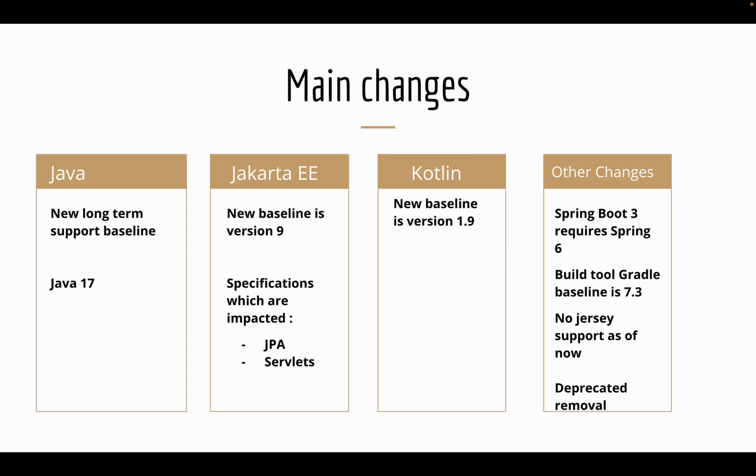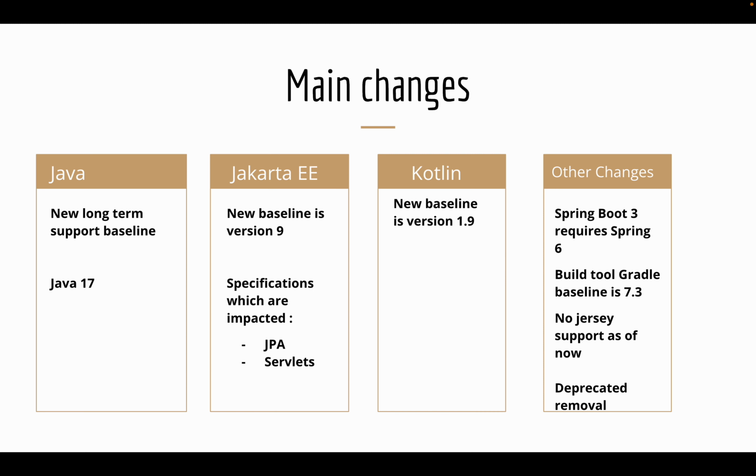Now there are a few additional changes to be noticed. Spring Boot 3 requires Spring 6, so they go together. For those of you using Gradle as a build tool, please note that it now has a baseline of 7.3.